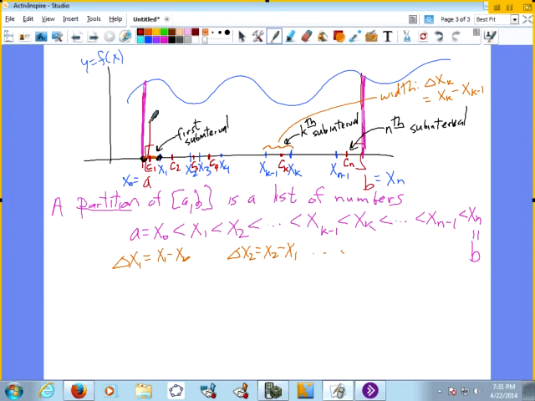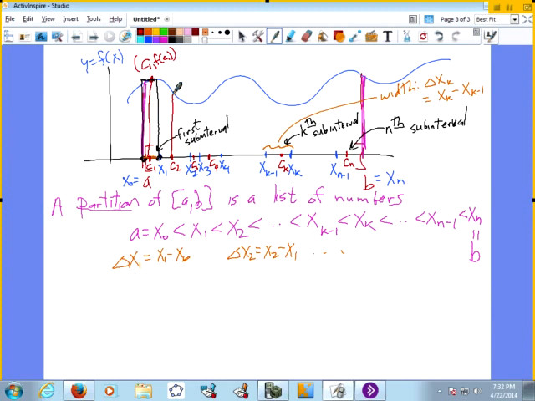And the purpose those are going to serve is we're going to go up here to the point C1, f of C1, to get our height. So basically you plug in the C value into your function to get the height of a rectangle, and then you use that to build your first rectangle.